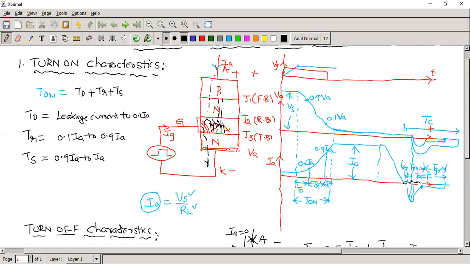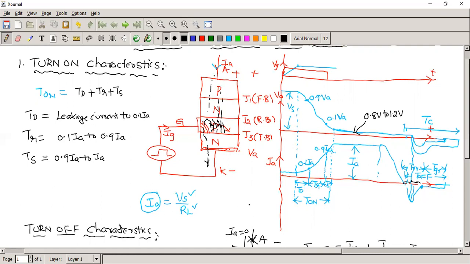This on state voltage drop is always between 0.8 volts and 1.2 volts, depending upon what type of material we are using and the internal resistance of the device.